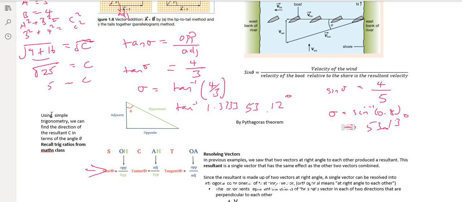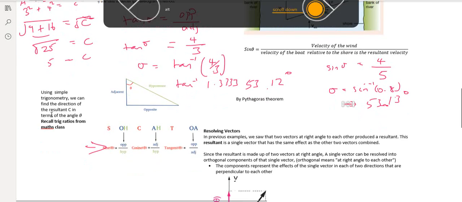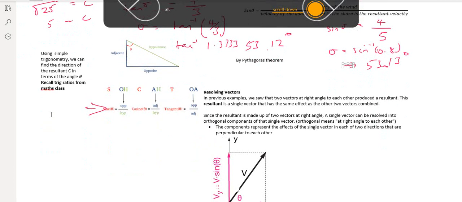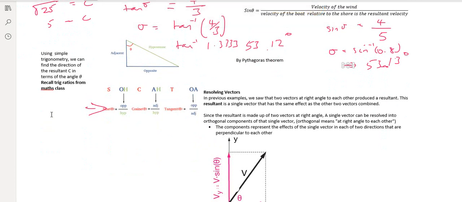All right, so that's how we would approach a thing like this whenever the two vectors are at right angle to each other. So if one is going north and the other one is going east, then they can form a right angle when they join each other. In order for me to join these two, I can do one of two things.